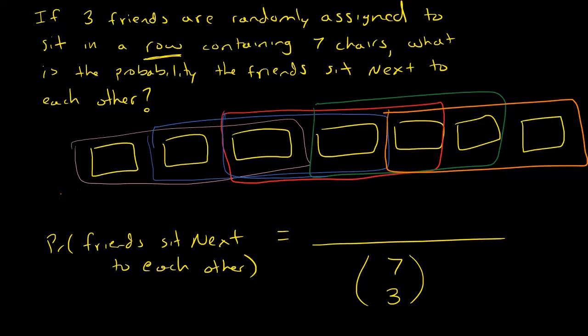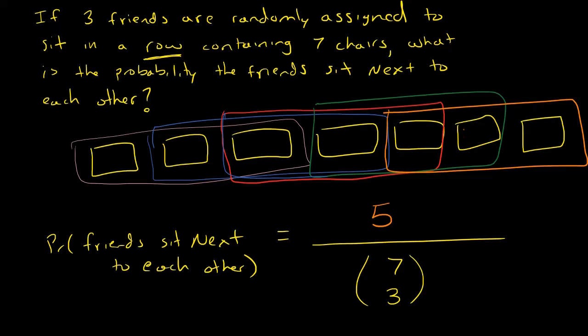So how many ways was that? There's 1, 2, 3, 4, 5, right? There are 5 different ways that the 3 friends can sit next to each other. So that's 5 in the numerator. In general, the total number of ways you can sit next to each other would just be the number of chairs, and then once you get to the end, you see I couldn't say there were 6 because I ran out of seats.